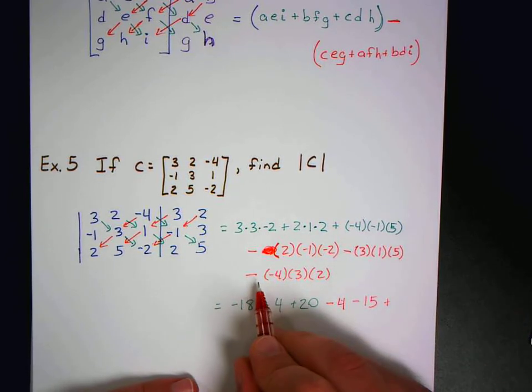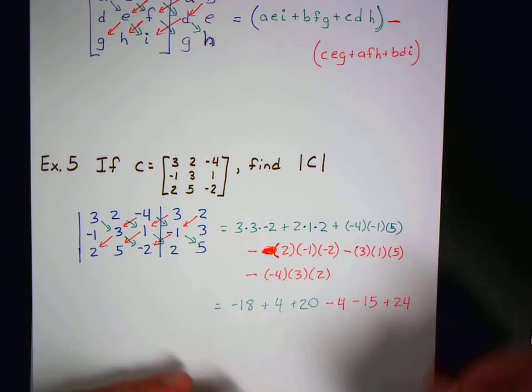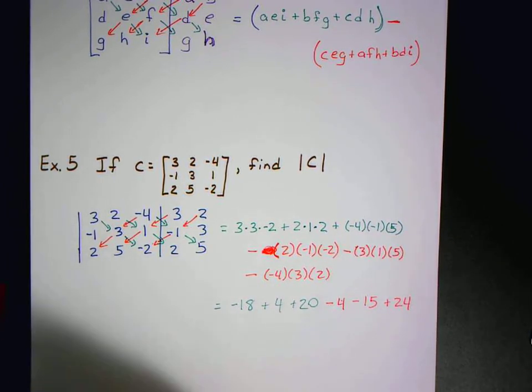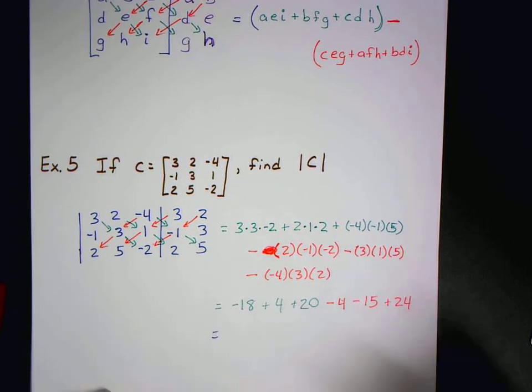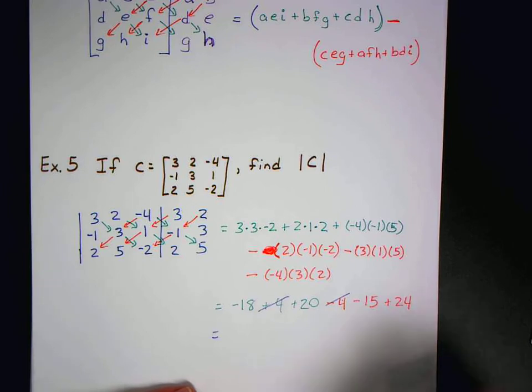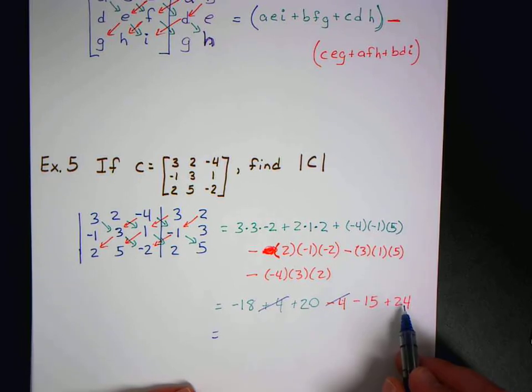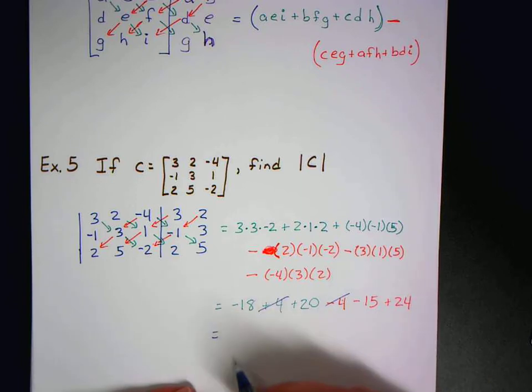That's going to end up being plus 24. So then my answer is, let's see, these two cancel out. That becomes 2. That becomes 9. So 2 and 9 make 11.